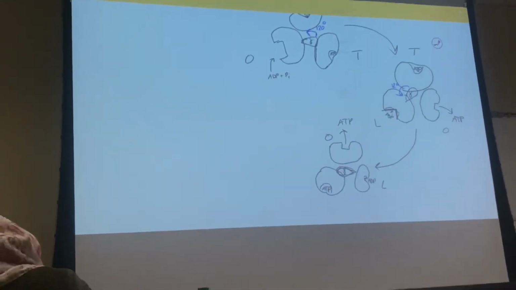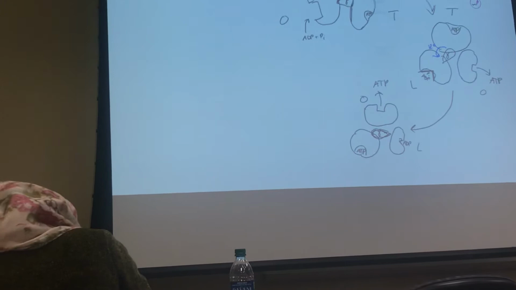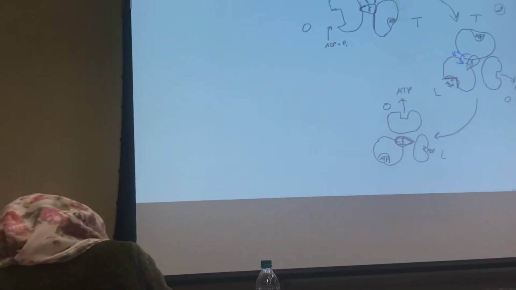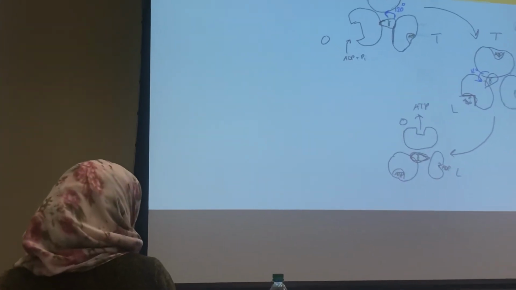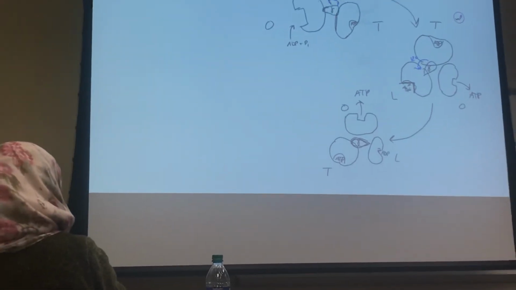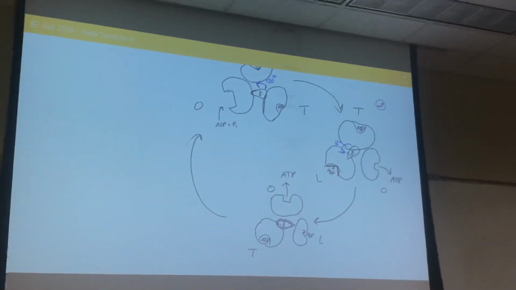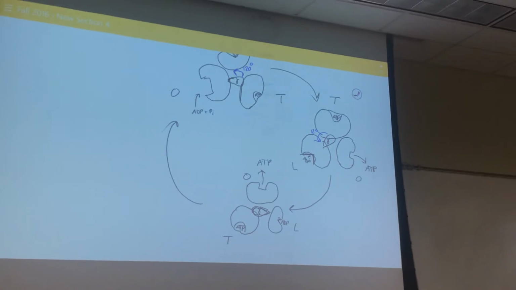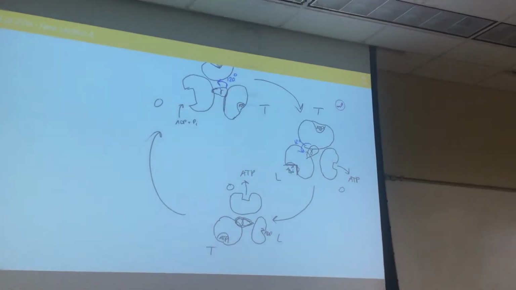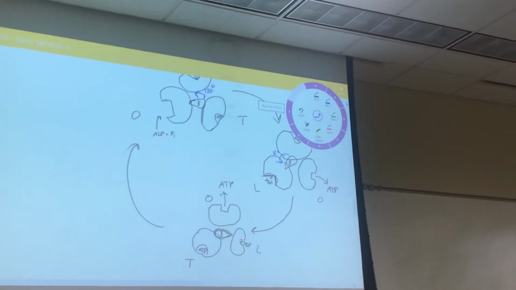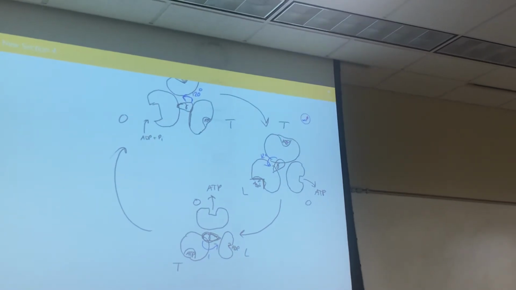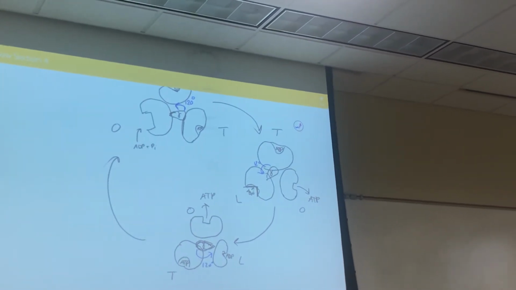You can see that. ATP left, ADP and Pi. And then what happens? What started out now here is in T. You make the full circle. Each one has alternated between those different states, so we do another 120 degrees rotation.